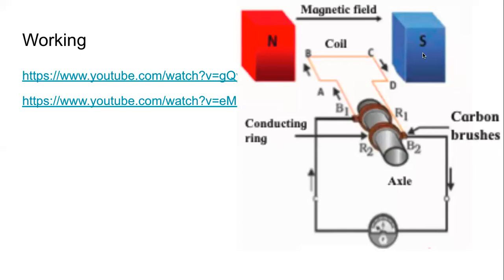And because of that, the current that will be induced in the arm AB will be going into the screen, going away from you in the direction AB. And that current will flow through the coil from B1 to A to B to C to D to R1. This is what will happen.